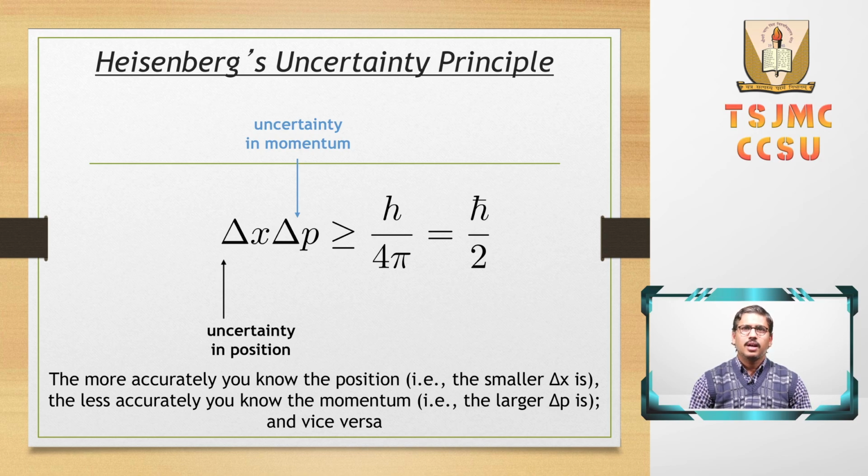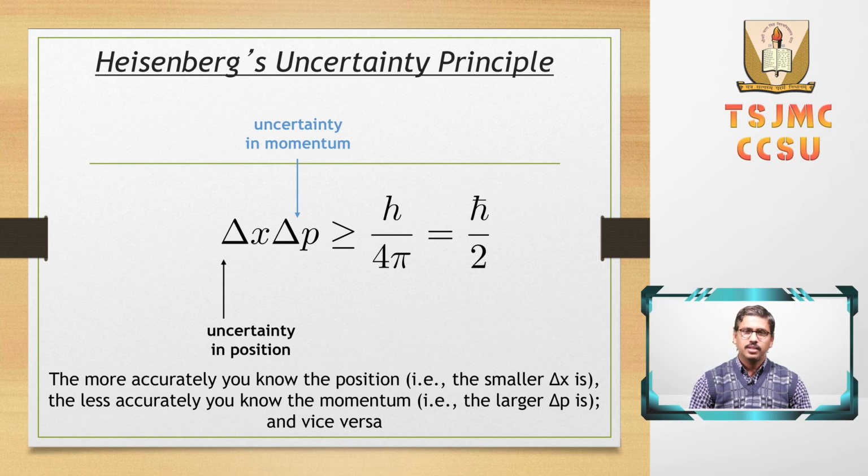What do we mean by that? The uncertainty in position is described by delta x, and the uncertainty in momentum by delta p. Heisenberg arrived at this result: delta x delta p must be greater than or equal to h upon 4π, equal to ħ upon 2, where delta x is the uncertainty in position and delta p is the uncertainty in momentum.